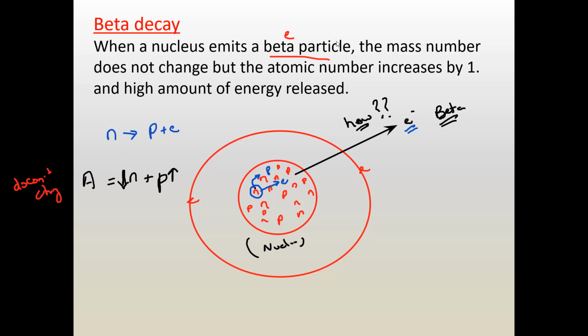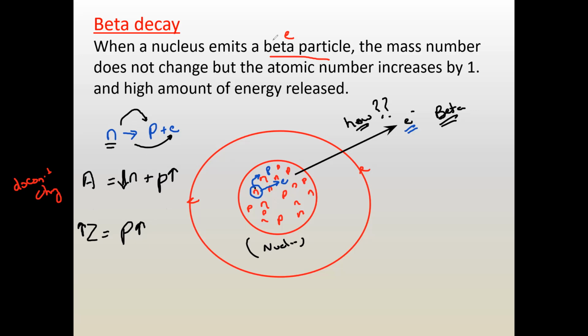But what happens to the atomic number? The atomic number, which is Z, is also the number of protons. When one of the neutrons changes into a proton and an electron, the proton number increases in the nucleus. As the proton number increases, the atomic number will also increase.